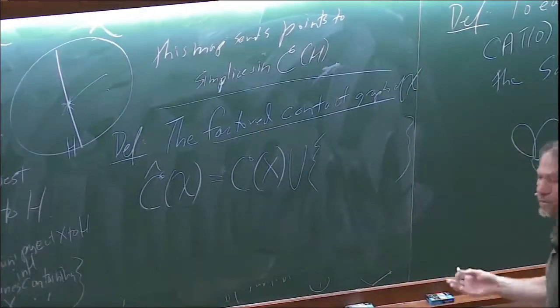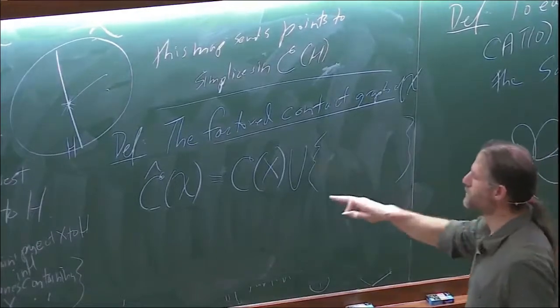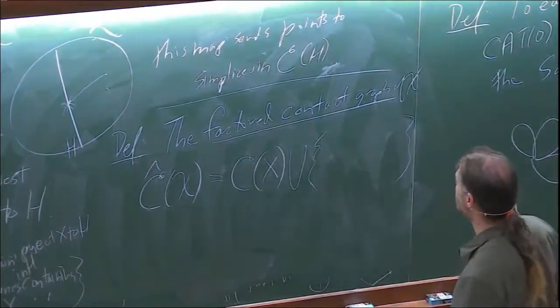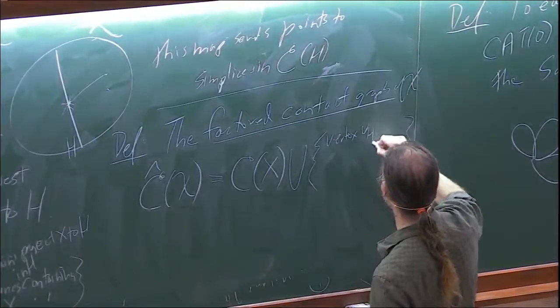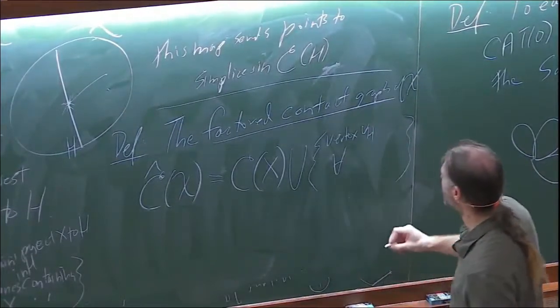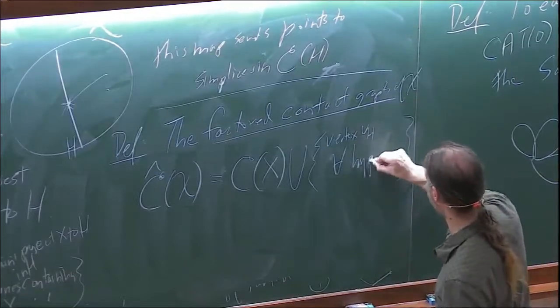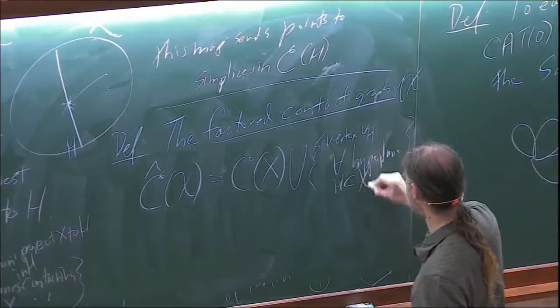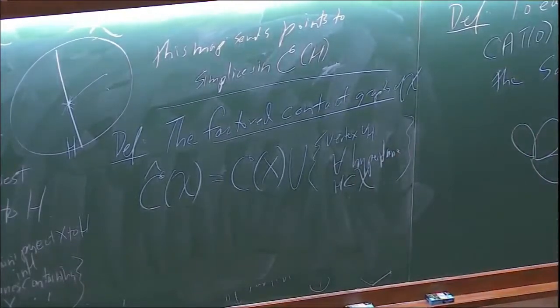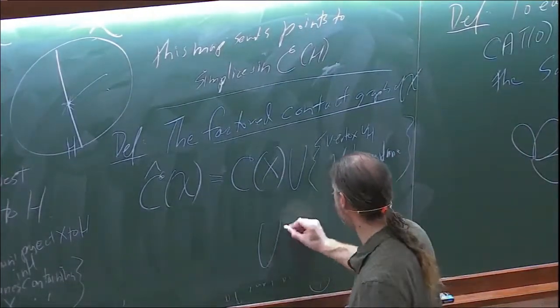The vertices I'm going to add are a vertex for every hyperplane in X: a vertex V sub H for each hyperplane H contained in X. And then I'm going to add some edges. What are the edges going to be?